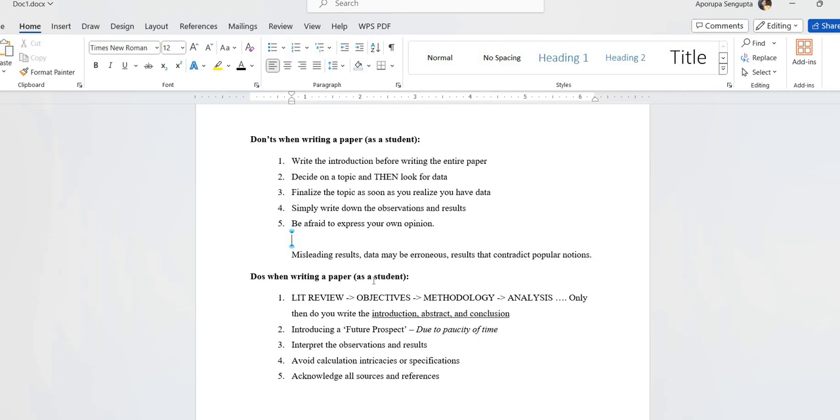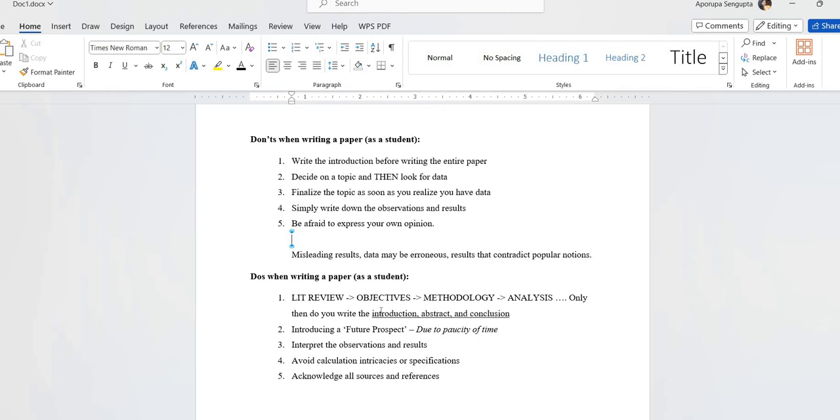A very big addition to these do's and don'ts is to follow your professor's instructions. Your professor can give you specifications that you need to follow, and if that directly or even slightly contradicts what I have said, of course follow your professor. Your professor is the one who is going to check your paper. He or she is the one who is going to guide you in your endeavor, and so if there are any contradictions, follow your professor.